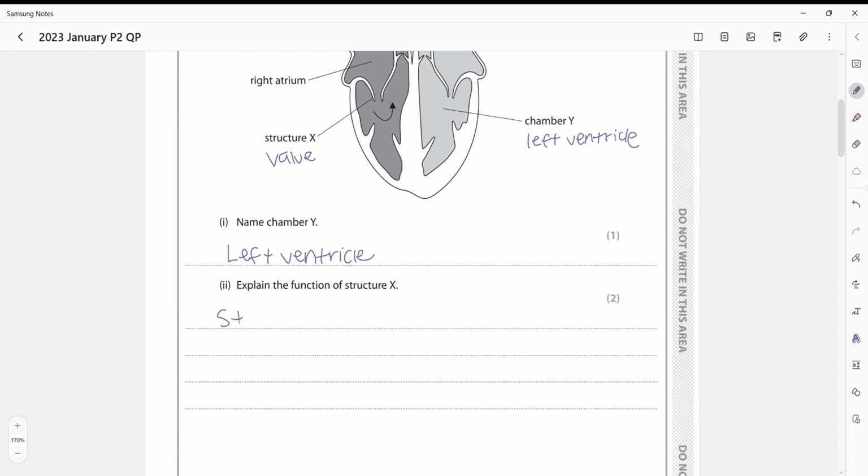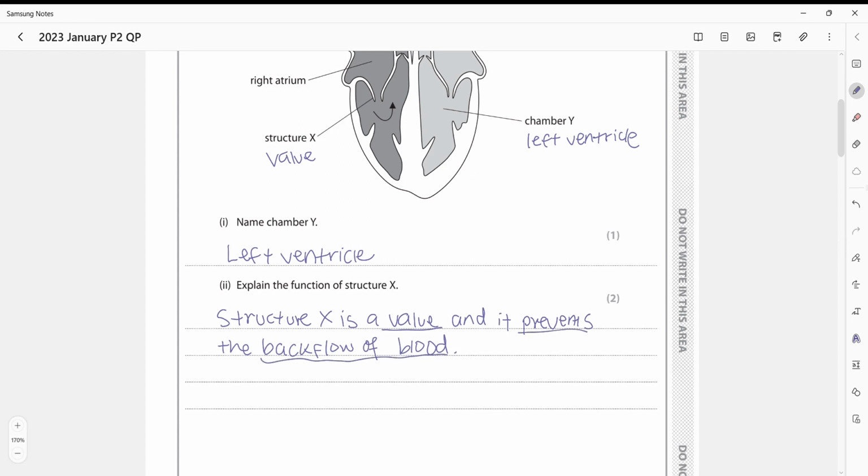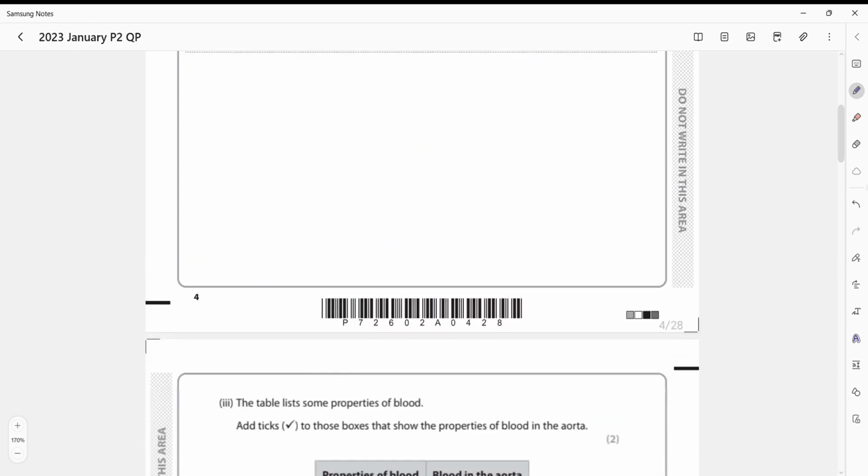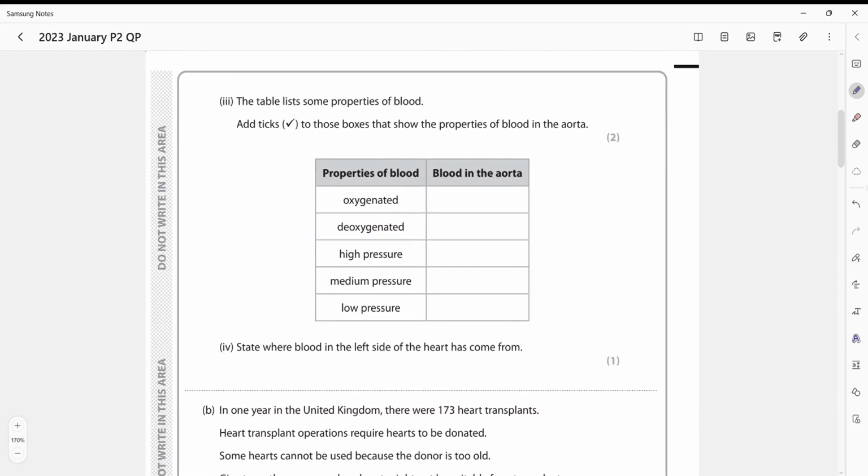So structure X is a valve, and it prevents the backflow of blood. So one mark for naming what it is, and another mark for prevents backflow of blood. So that's 2 marks.